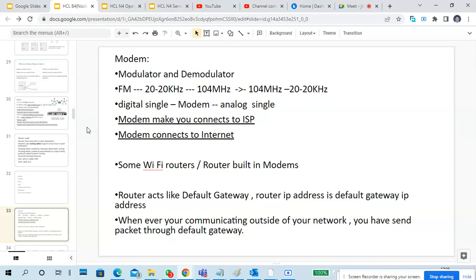Any audio signal in that range I am able to hear. If it is lower or higher than this range, I cannot hear. Higher the frequency, longer the distance we can communicate. That is also one point.